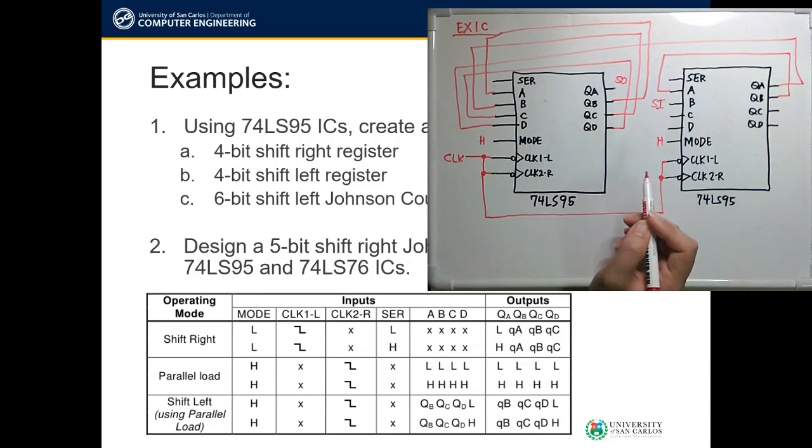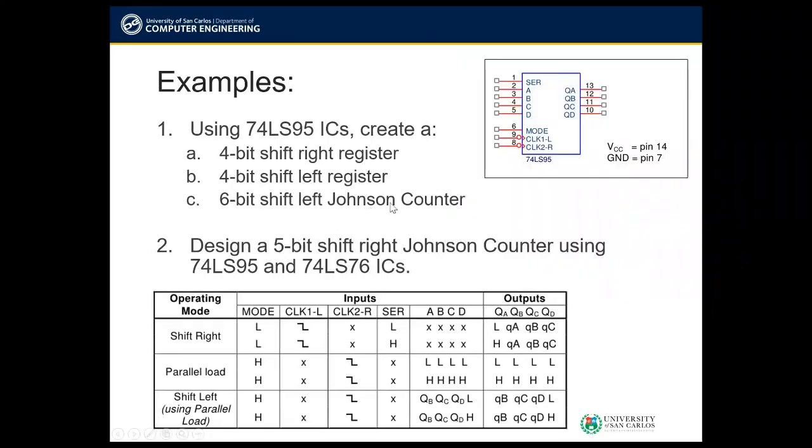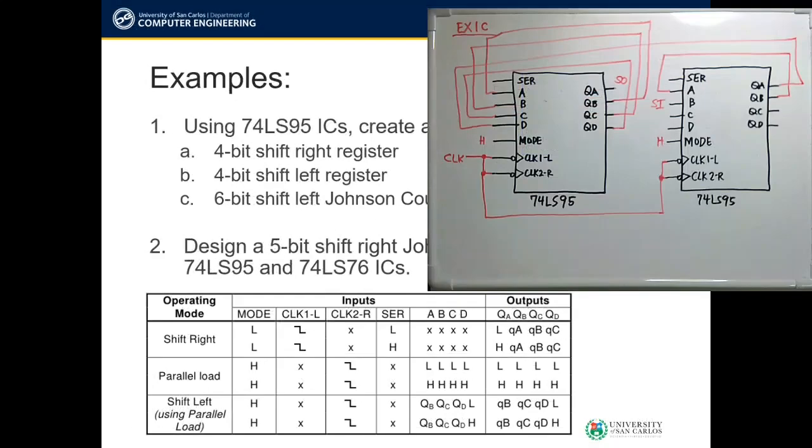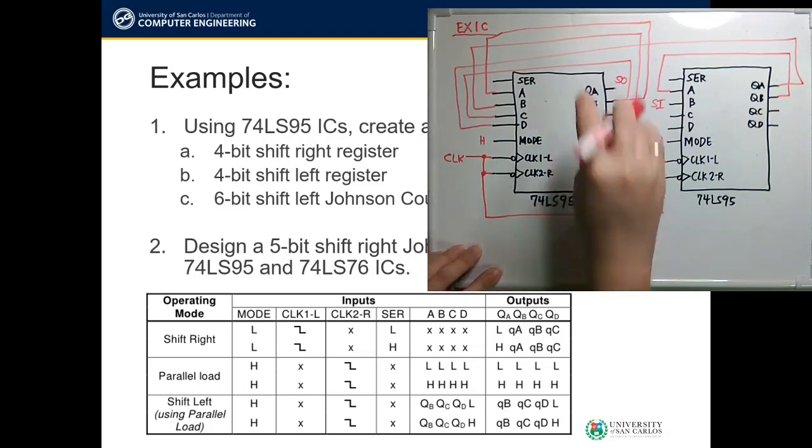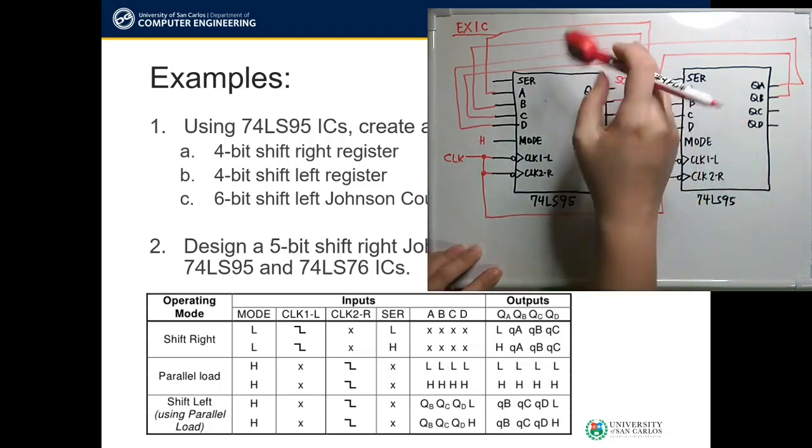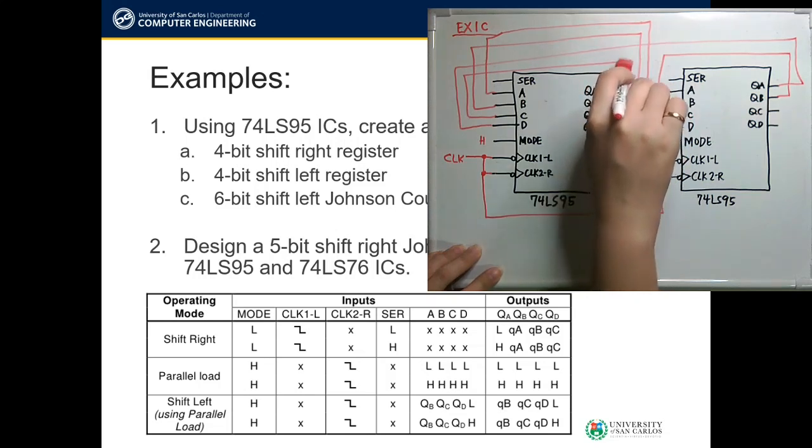However, in this case, we are creating a Johnson counter. Which means that the last output must be complemented so that we can form the switch tail ring counter or the Johnson counter. So our last output, which we identified here as the shift out, must be complemented.